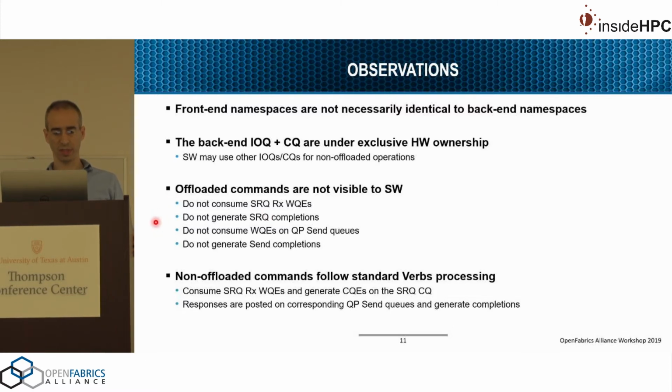We will see in the following slides which objects are in use, but you can see here that we are using the IBV SRQ shared receive queue object, the QPs and the completion queues of those QPs for the communication, and that's basically it. Of course, if you are using the non-offloaded commands, then it's transparent to the software. The software is managing them as usual.